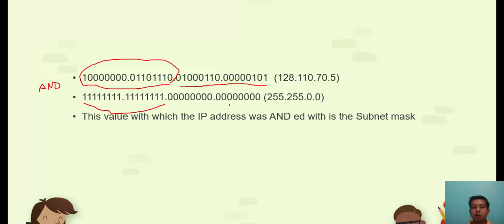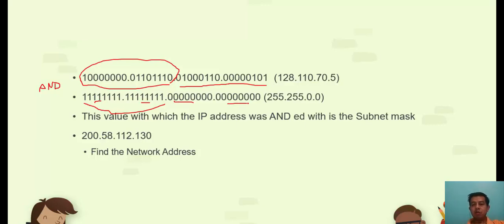The value with which the IP address was ANDed is known as the subnet mask. So with what value have I ANDed? I have ANDed with this value: 255, 255, 0, 0.